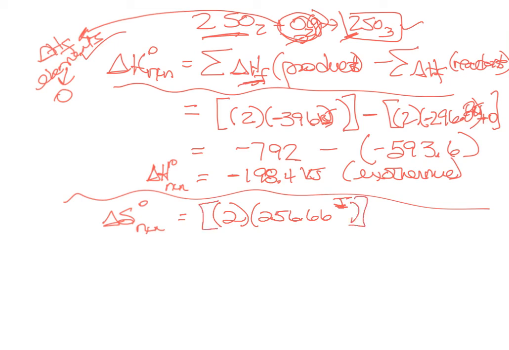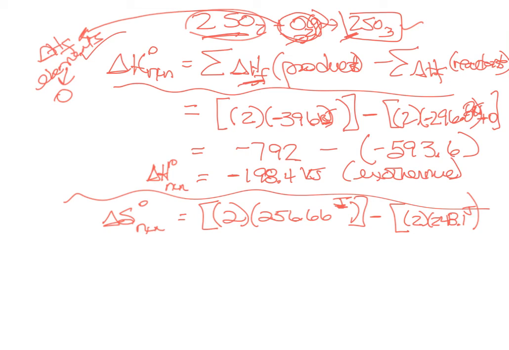So now we're going to do reactants. Let's look at the entropy value for sulfur dioxide, and it is 248.1, again in joules. Now, there's nothing in our universe except a crystal at 0 Kelvin which has 0 entropy.